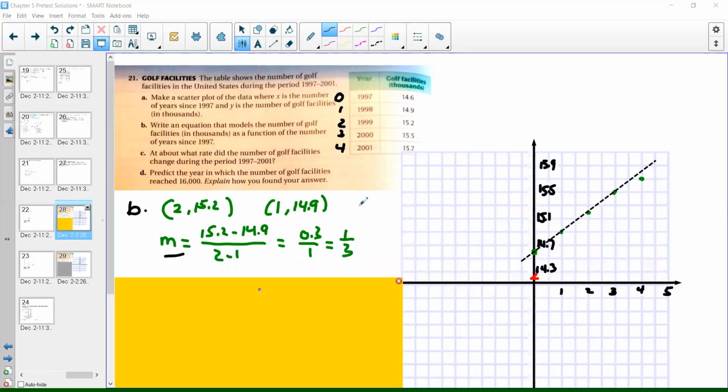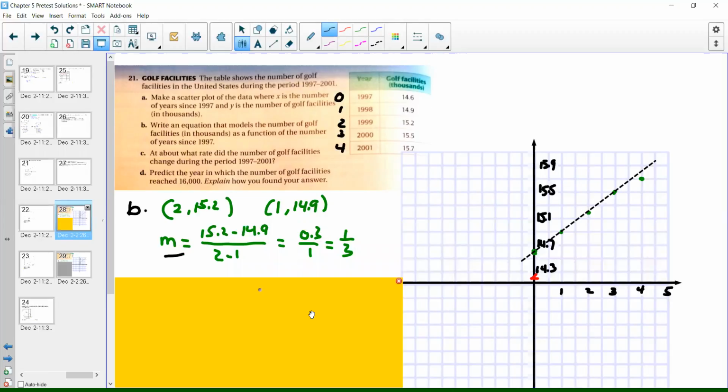And so my slope, when I subtract, is 0.3 over 1. 0.3 is 1/3. So we got 1/3 over 1, which is 1/3. The book gave the answer as 0.28, the slope.